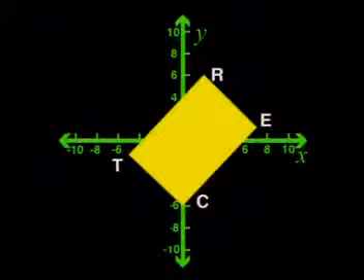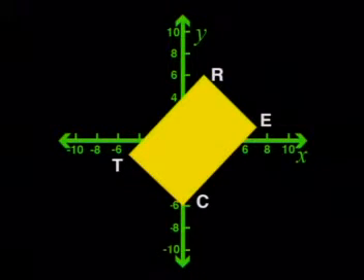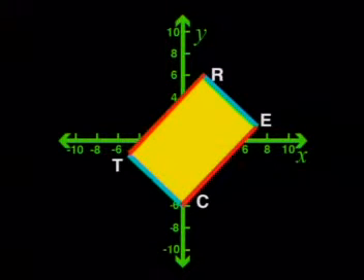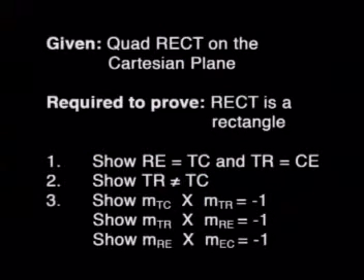But to prove it's a parallelogram, we can look at our definition for a parallelogram. So all we have to do is prove that line TR is parallel to CE and TC is parallel to RE. We don't even need to look at the lengths of the sides. All we have to do is show that the gradients of the opposite sides are the same because parallel lines have the same gradient. This is what the finished proof looks like.